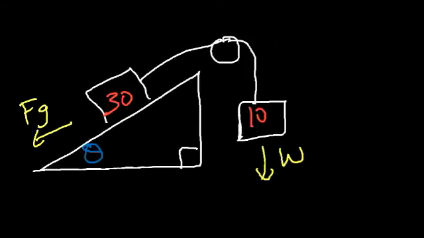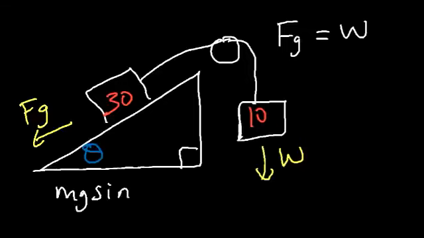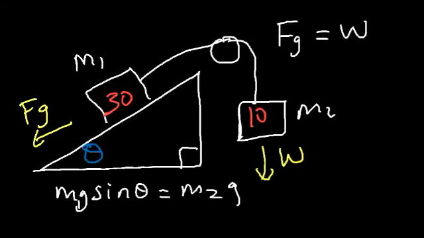To find that angle, we need to set F of g equal to the weight force. So mg sine theta, let's say this is m1 and this is m2. So m1 g sine theta is equal to m2 g. We can cancel g.